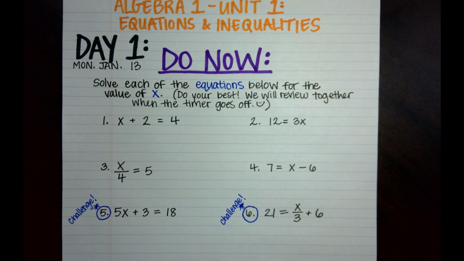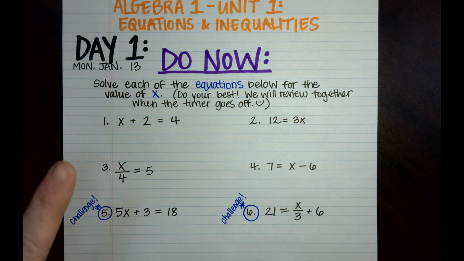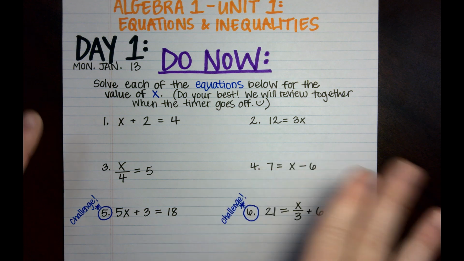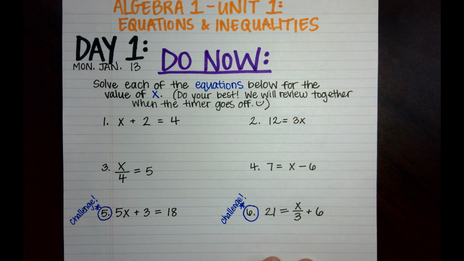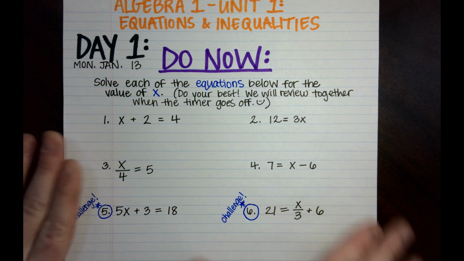I want you to try to solve each of these equations below for the value of x. Do your best. If you have no idea what to do and you're totally lost, the do now is not the time to ask questions, because I usually give you about a 10-15 minute timer for you guys to work independently by yourself, quietly, doing these on your own.